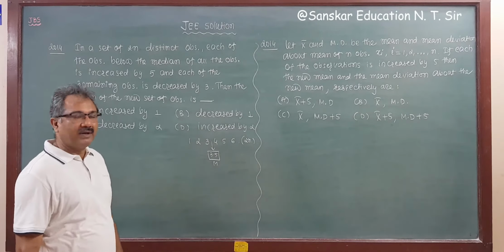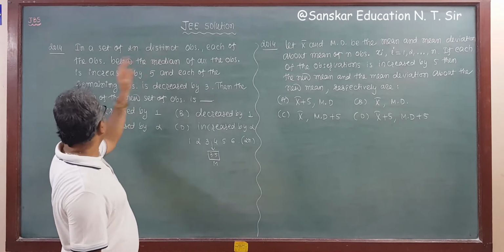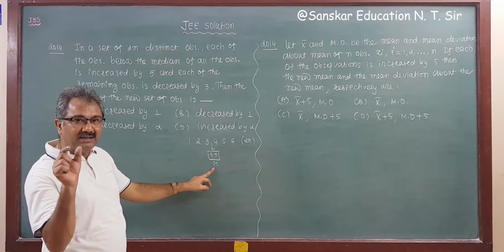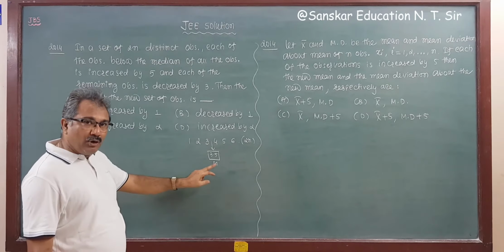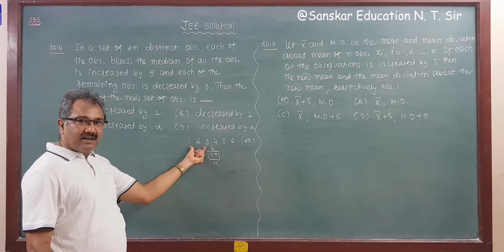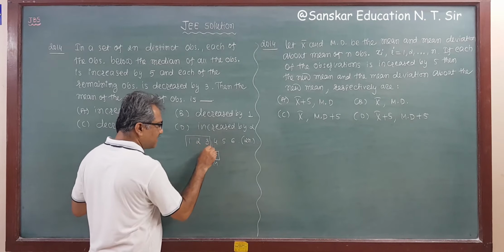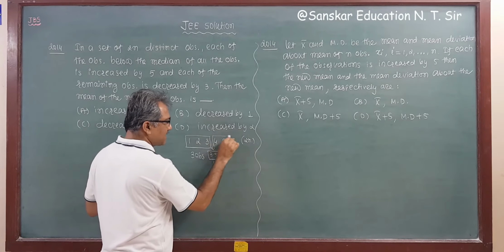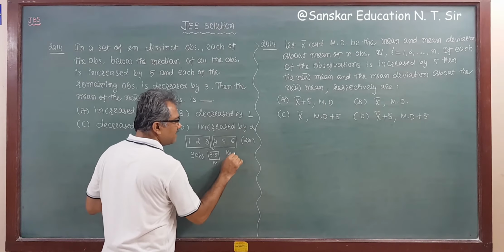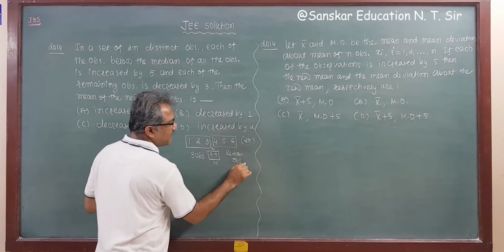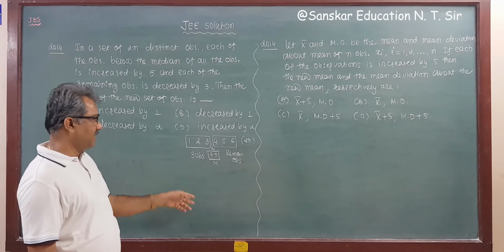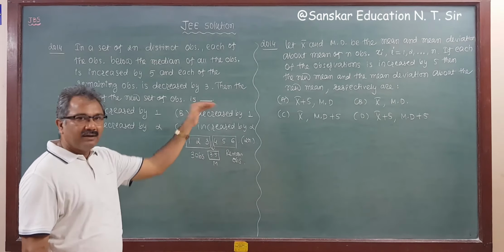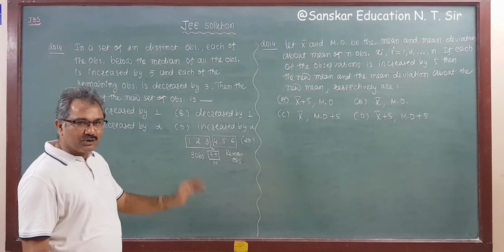This is the median, not the mean. Below the median there are 3 observations, and the remaining observations are also 3.